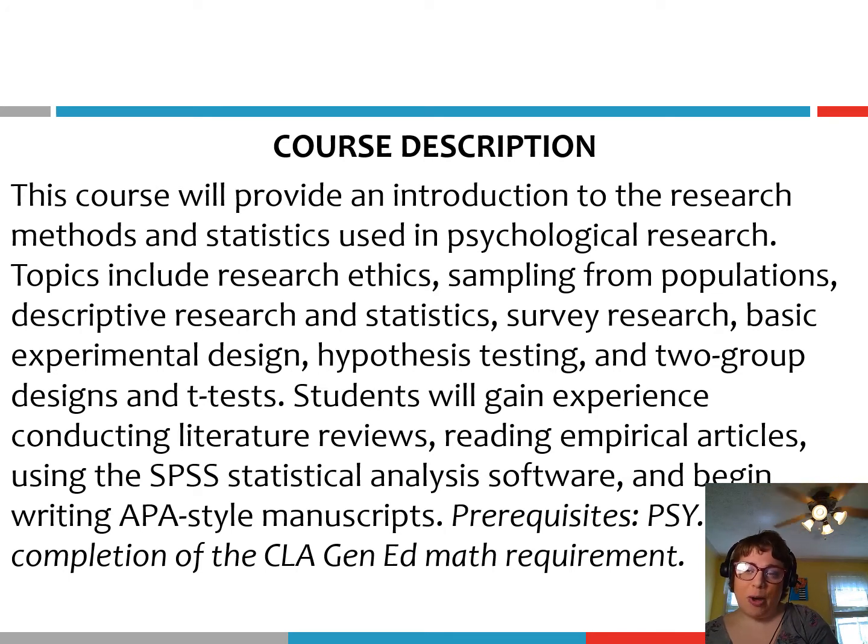But generally what we focus on in this course is a variety of topics that have to do obviously with the research process and also the statistical operations that are required to assess data that's collected using a variety of research methods. So typically how I structure this course is for the first 7 weeks or so, we're pretty much focusing exclusively on research methods.